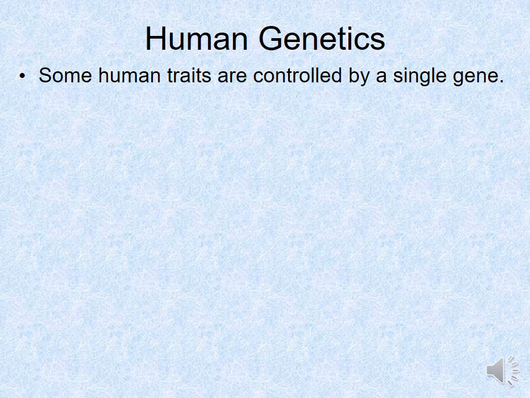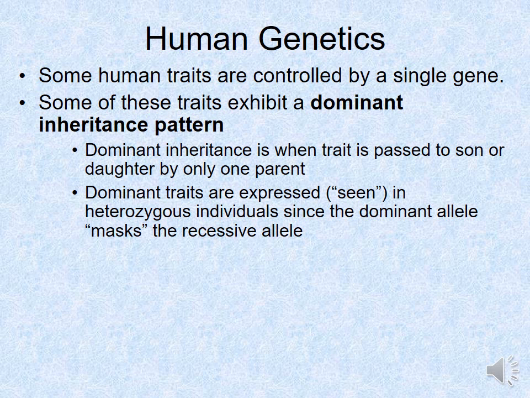Human genetics. Some human traits are controlled by a single gene. I had brought this up before. Some are not. Some are controlled by multiple genes. When it's controlled by a single gene, some of these traits exhibit a dominant inheritance pattern. Dominant inheritance is when a trait is passed to a son or daughter by one parent.